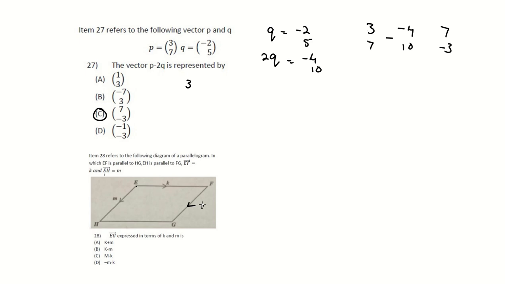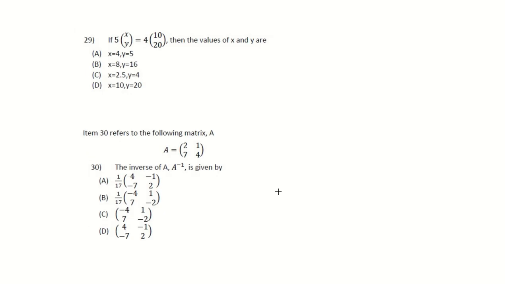F to G is M, and then E to F is parallel to HG, so this one is also K. So if you want EG, we're going from E to H and then H to G. That's M plus K, or K plus M is equals to A. So this one we went from E to F and then F to G. So E to F is K and then F to G is M. Right?